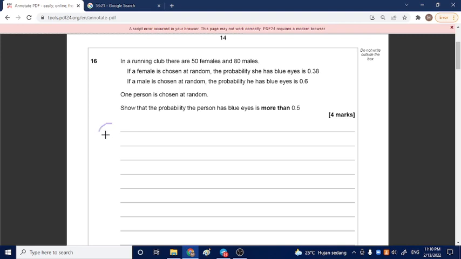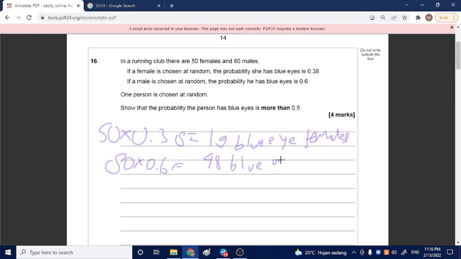That means we can multiply 50 times 0.38 equals 19. 19 blue-eyed females. We can do the same, 80 times 0.6. This would be for the males.